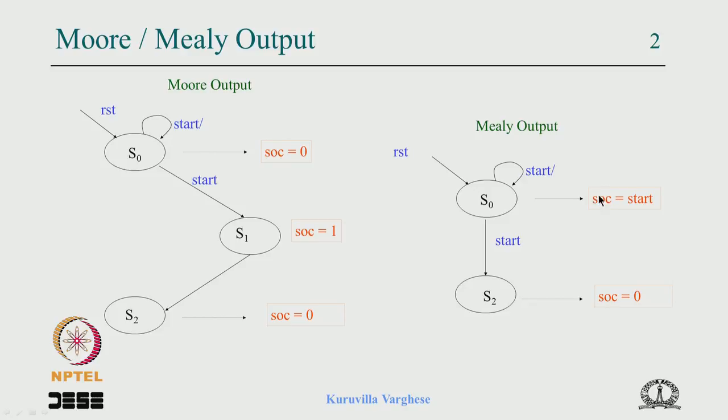By making the SOC a function of start, we say that in this particular state S0, SOC is 1 if start is 1, and when the start is 1, upon the next clock edge it transits to the next state S2, because S1 is not required. I called this S2 because calling it S1 would make it look similar to the earlier one.